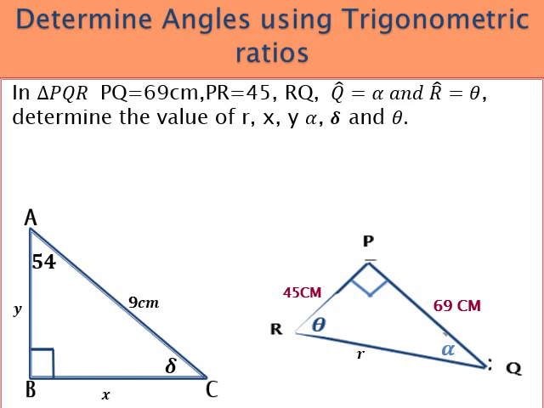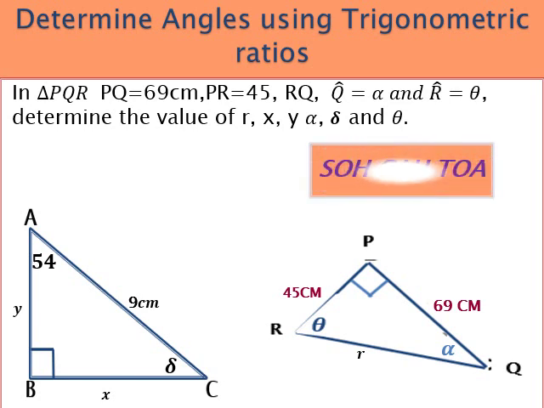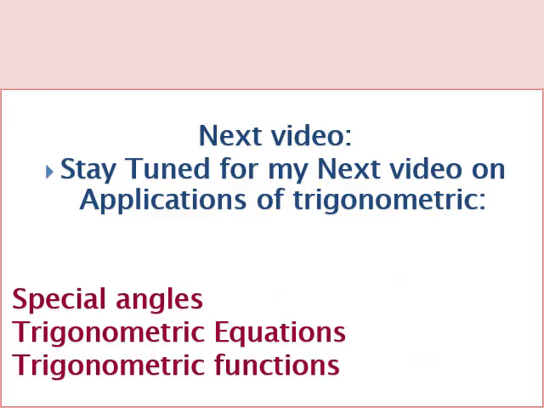These are the two examples that you can test your understanding with. If you still don't understand, you can drop me a text on my WhatsApp, or drop me a comment below. And SOHCAHTOA, as I said earlier, applies everywhere. That simply means that you have to know it.